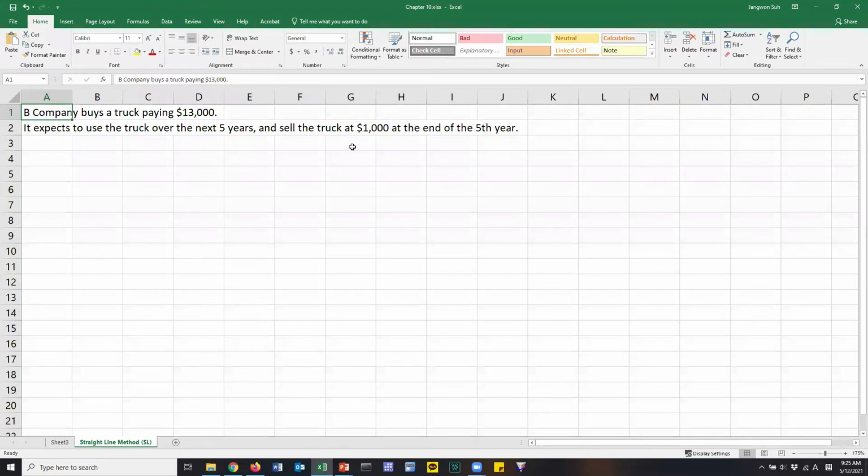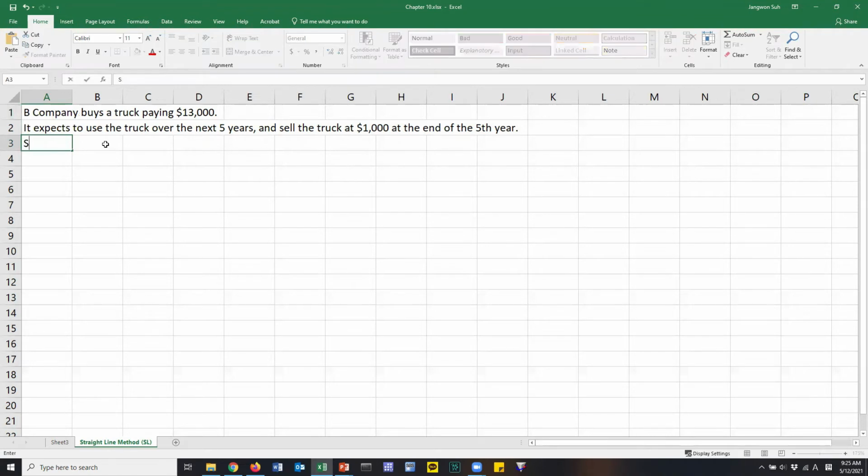Over 5 years, how much should we depreciate? We bought it at $13,000, so at the purchase, its value was $13,000. But at the end, we expect that there will be $1,000 left. Therefore, the difference, 13,000 minus 1,000, which is 12,000, is the amount that we want to depreciate over the 5 years.